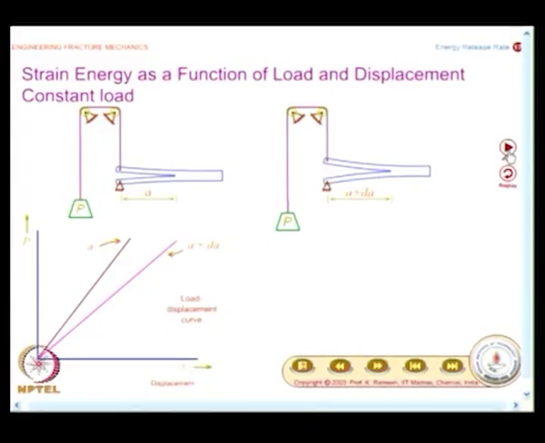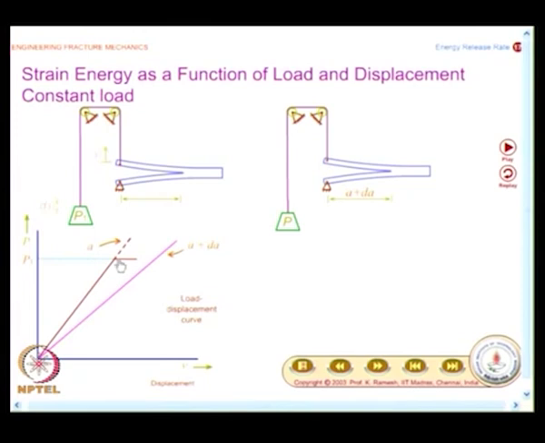So, what I will do now is I will increase the load and observe the crack has started to advance when the load has increased to a value P1, and it has moved by a distance dA. Animation is very nicely done, it is as if I am doing an experiment, the animation is shown.